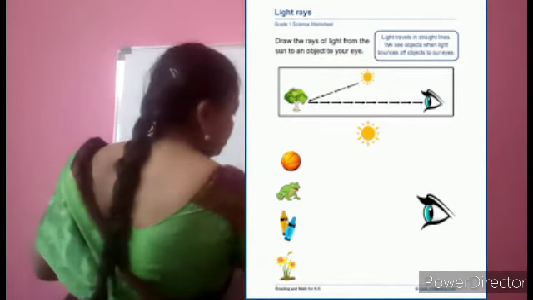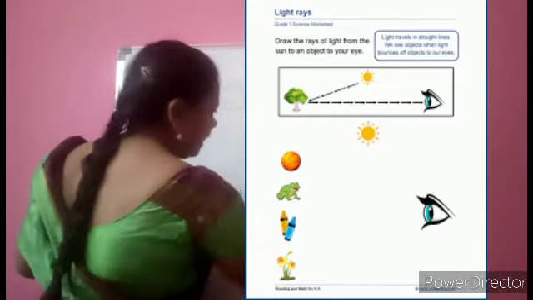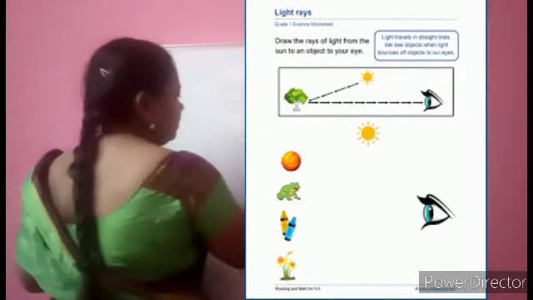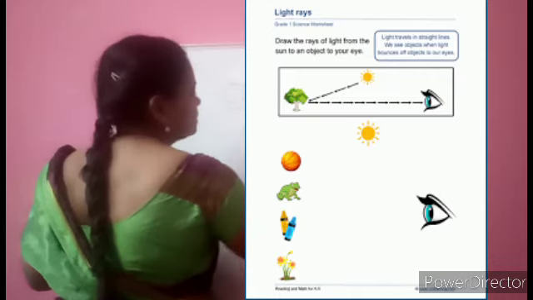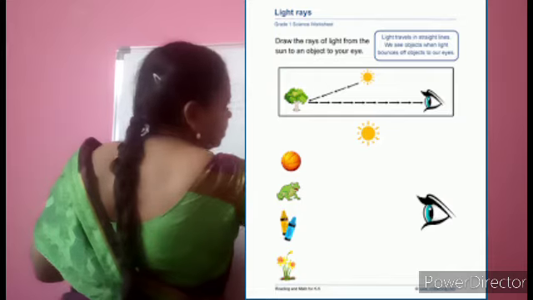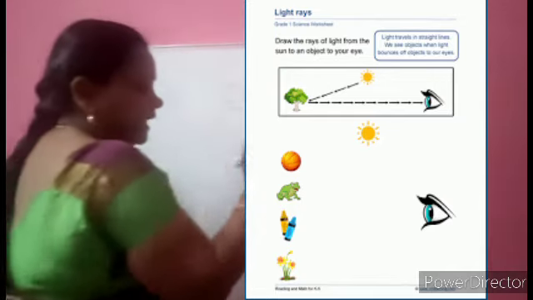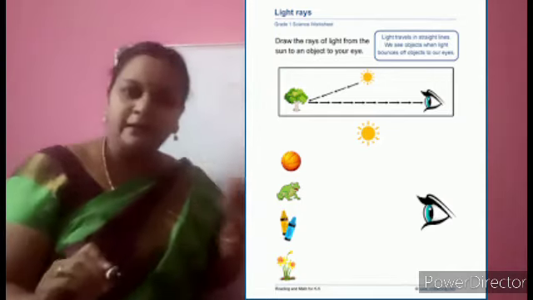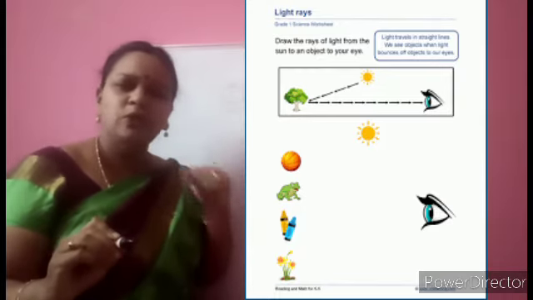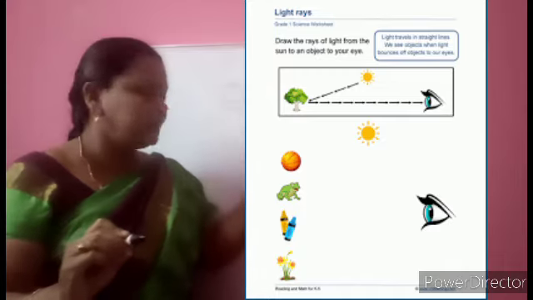As we talk about shadow formation or image formation in the pinhole camera, what is that indicating about the path of light? Even I said if there is a hole in the window, you can see light rays entering as a beam. So from all this, what can you infer, children? How is the path of light?